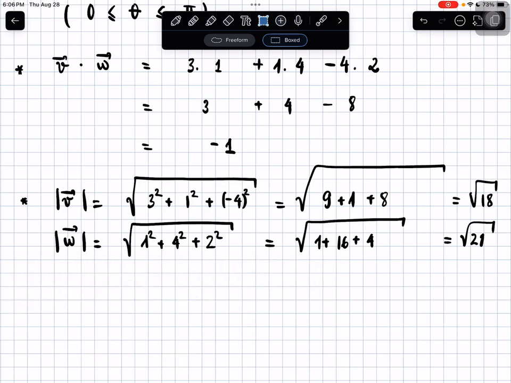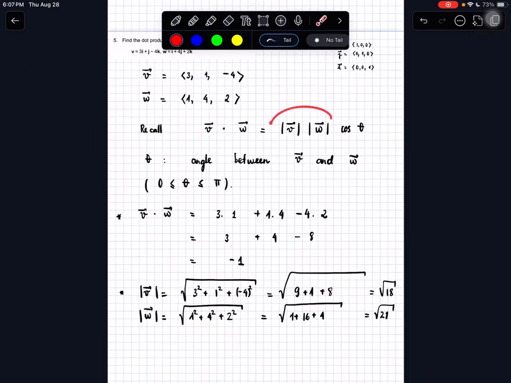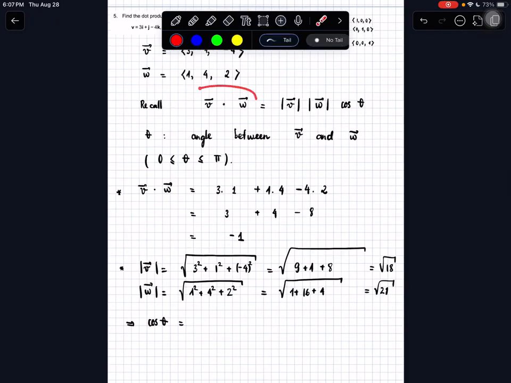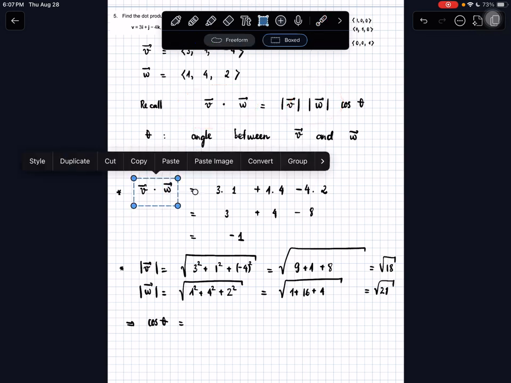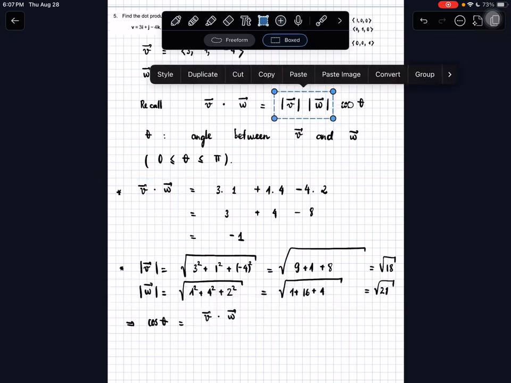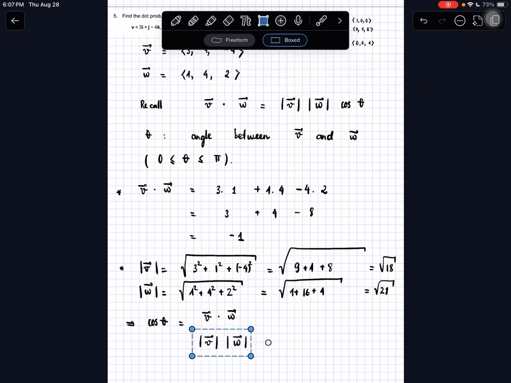With that, we computed these two terms. Now we have the cosine of the angle theta is the left hand side divided by this. So v dot w divided by the length of v times the length of w.